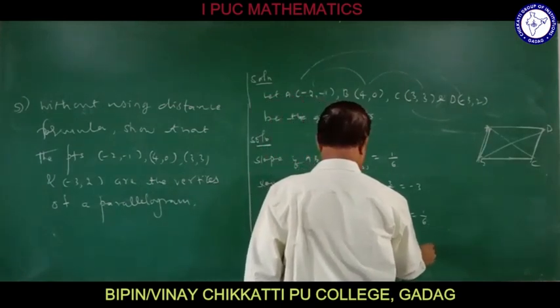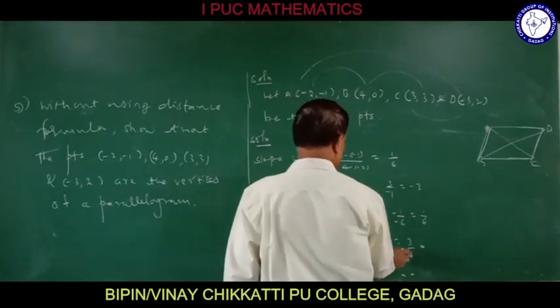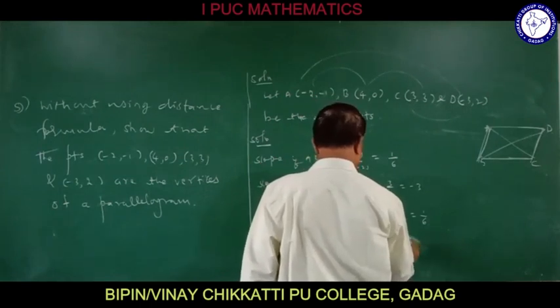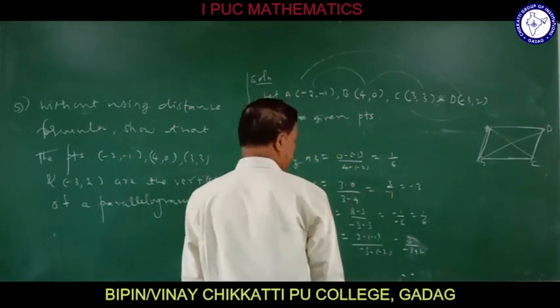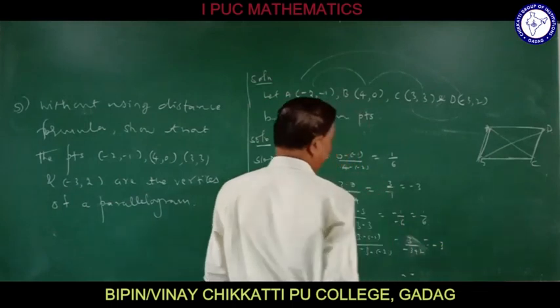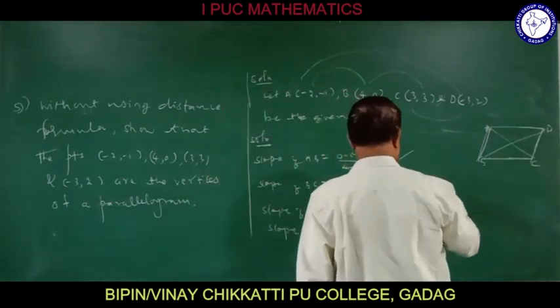So here you have to see the answer. 2 plus 1 is 3, and minus 3 plus 2 is minus 1, so minus 3. And try to understand this is equal to this and this is equal to this.